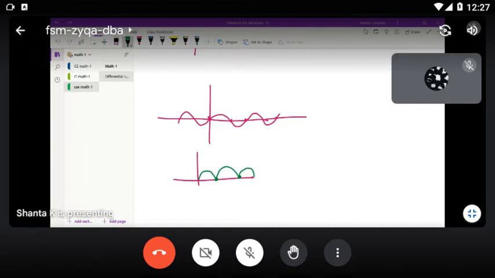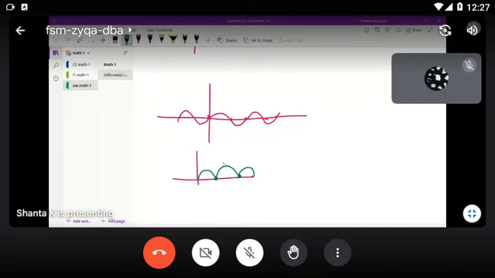If you look at here, the slope is decreasing in the first part. What he's saying, if you come here, the tangent goes this side, and here the tangent goes this way, isn't it?